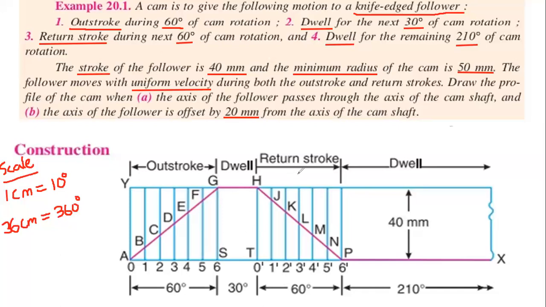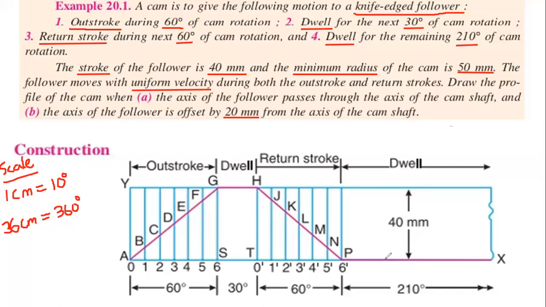Next, the return stroke has an angle of 60 degrees of rotation. So 60 degrees means 6 centimeters. So from the dwell position we have to take next 60 mm, that is 6 centimeters, and last one dwell for the remaining 210 degrees.